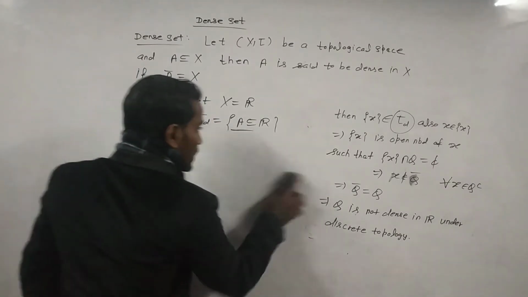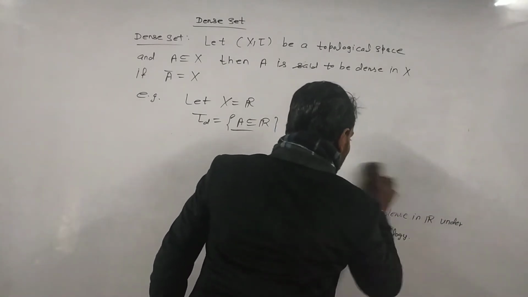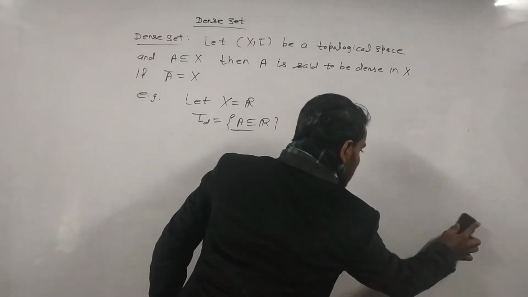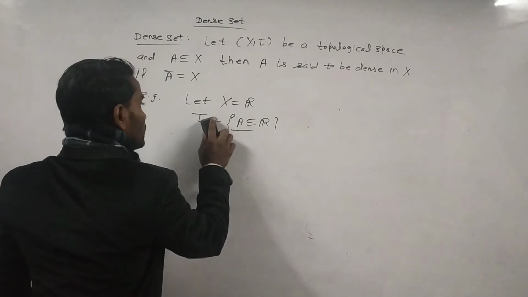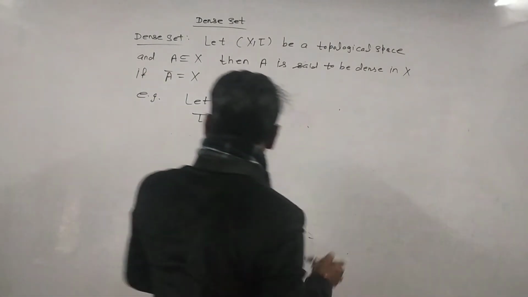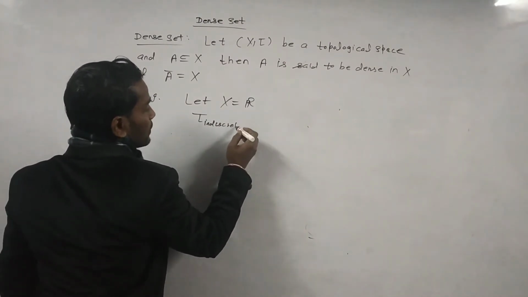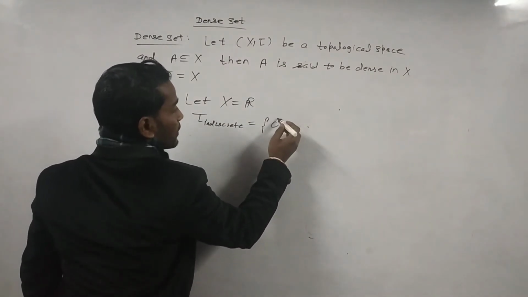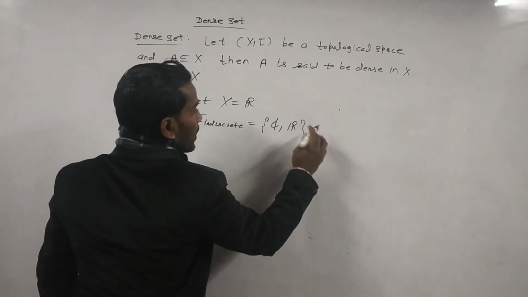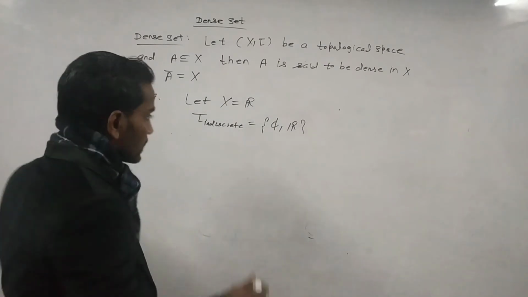If we take the case of indiscrete topology, then the only subsets of R, phi and R, will belong to the indiscrete topology.